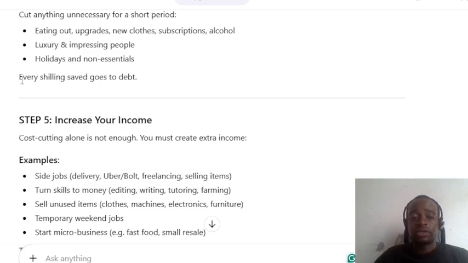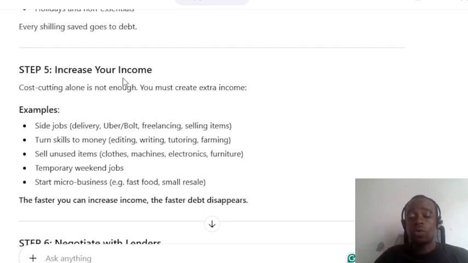So if you can save every shilling that goes towards paying that, then that would be good. There's a limit to how much expenses we can cut, because at a certain point it becomes suffering, right?